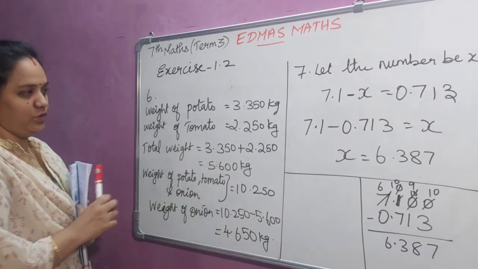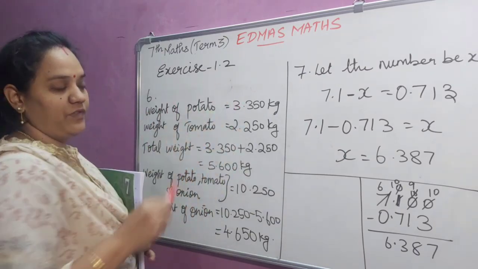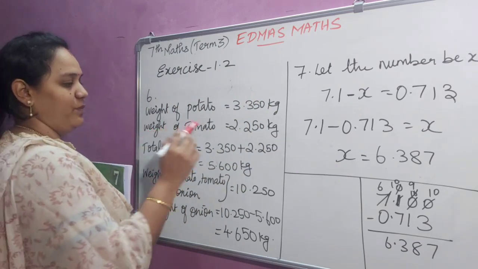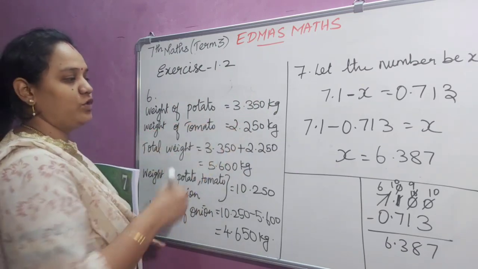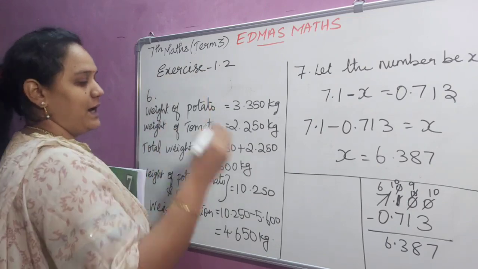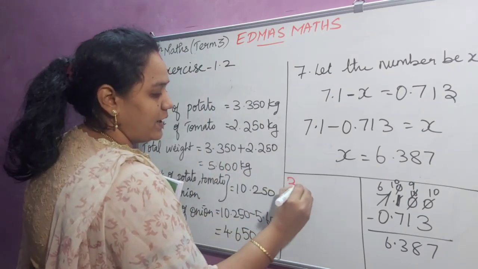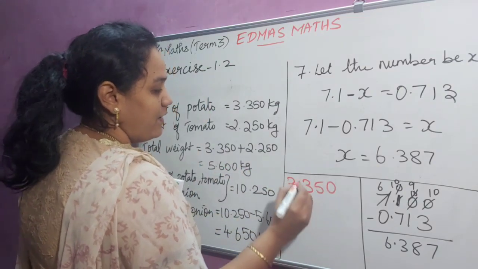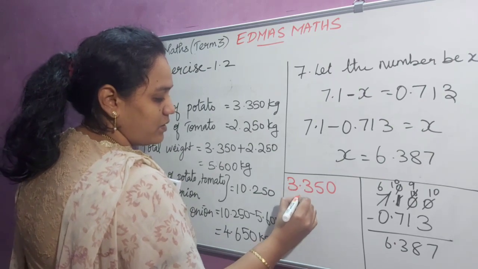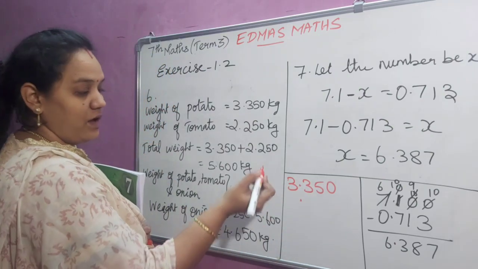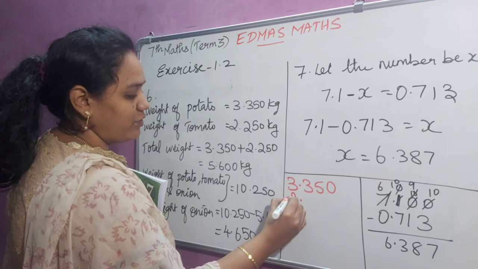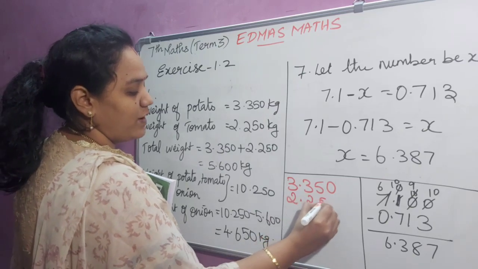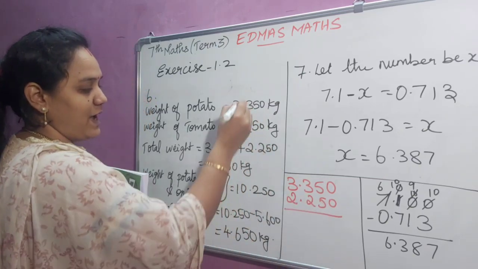So the weight of potato is given as 3.350 kg. The weight of tomato is given as 2.250 kg. While adding, I told you already, we have to write the decimal numbers properly with the point, according to the place value. First we have to add these two numbers.